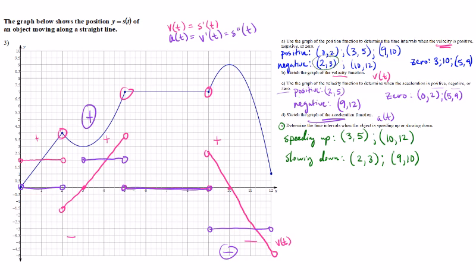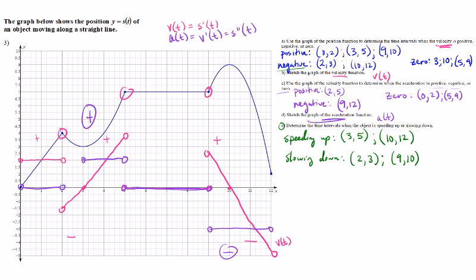From 2 to 3, the velocity is negative, and acceleration is positive, so that means slowing down, right? Signs are different. Then from 3 to 5, you have positive velocity and positive acceleration, so the signs are the same, so it's speeding up, right? So you can look at it that way as well.